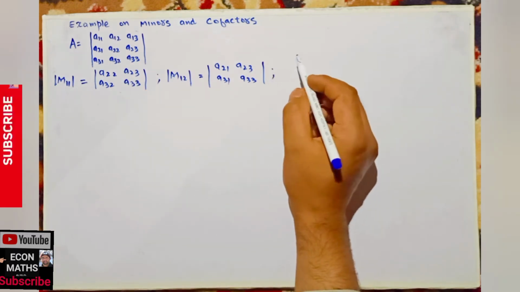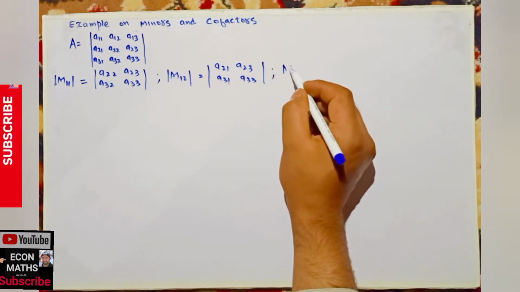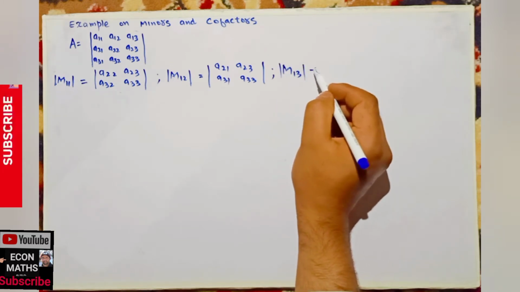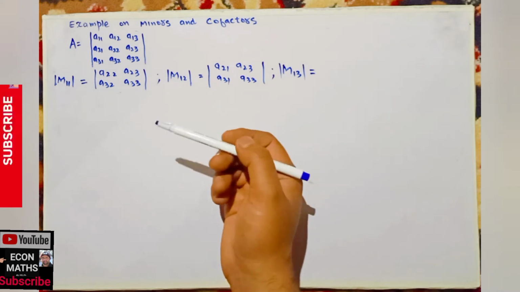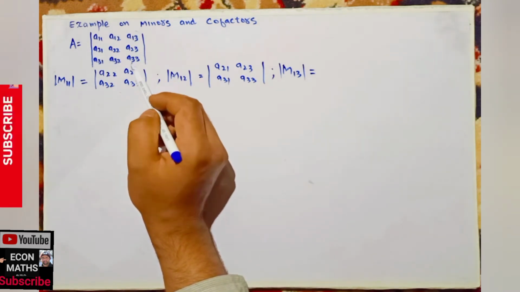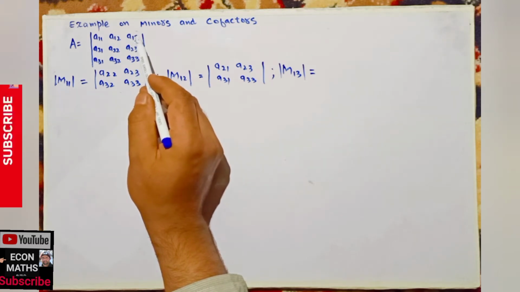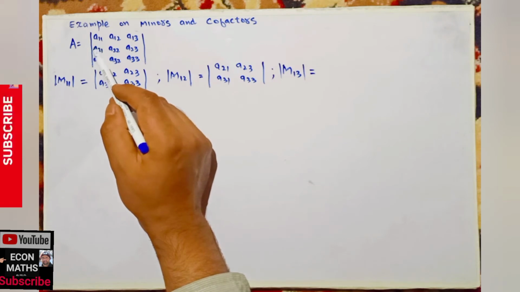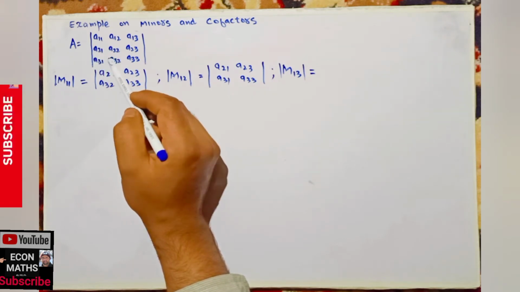Similarly, the third minor will be M13. The third minor is found by mentally deleting the row and the column in which this A13 appears and taking the determinant of the remaining elements. The remaining elements are A21, A22, A31 and A32.